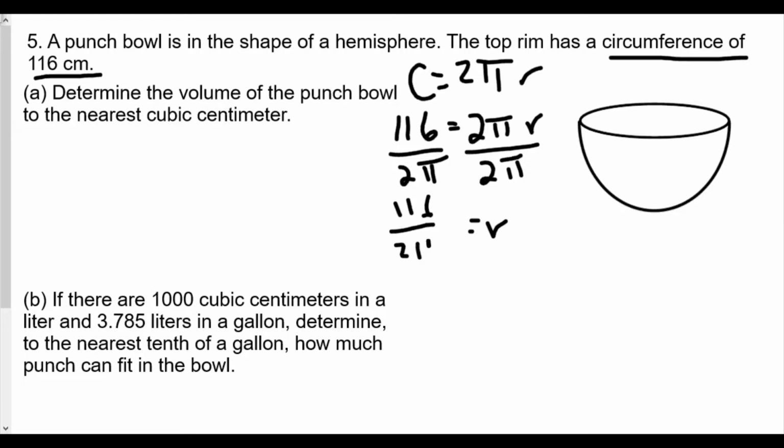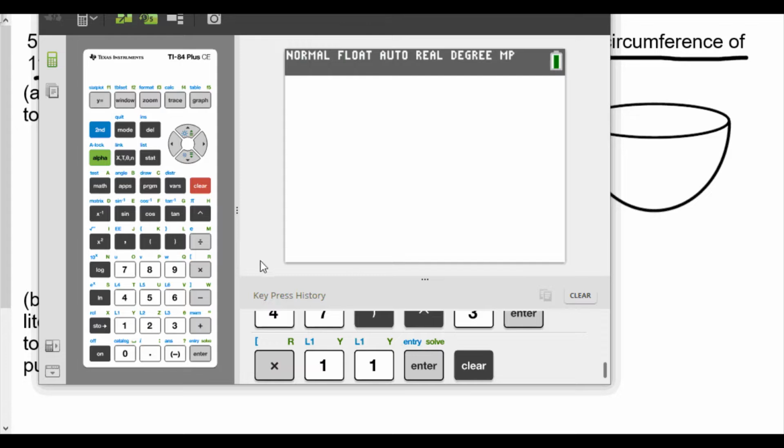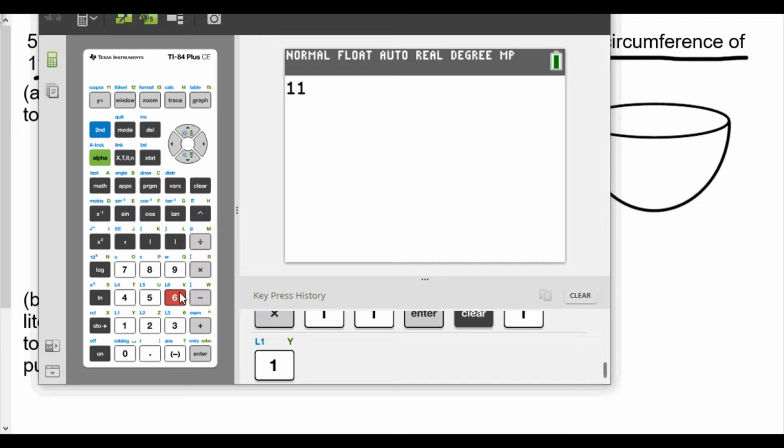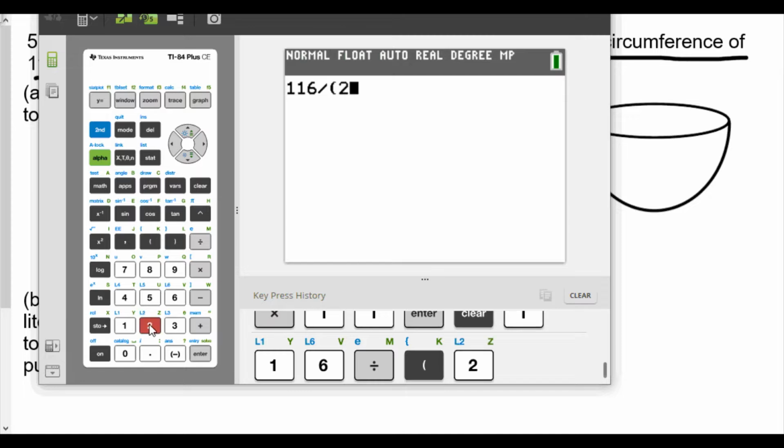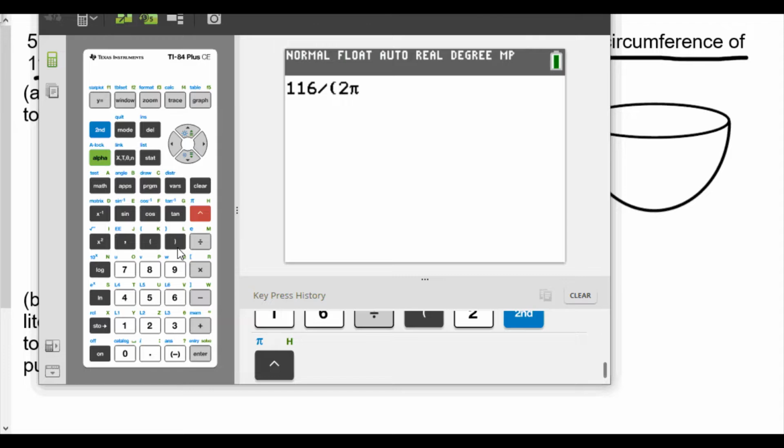Now, here's the thing. There's two ways to approach this, because we have a calculator. If we have a calculator, we can leave this fraction in the parenthesis and work it out. But for some of you who don't want to write that fraction, we know that 116 divided by 2 pi, so 116, and when you divide by 2 pi, you have to do it this way: parenthesis 2 pi, close parenthesis.